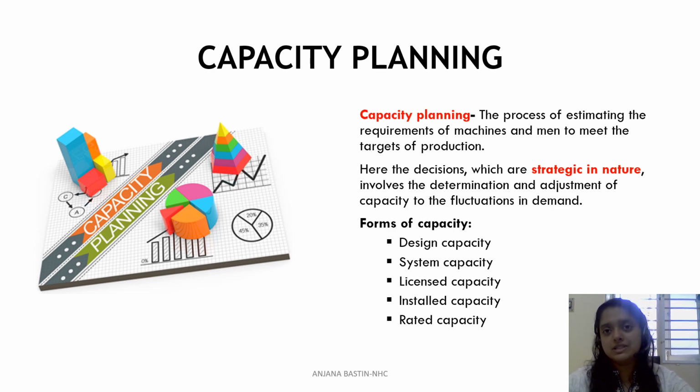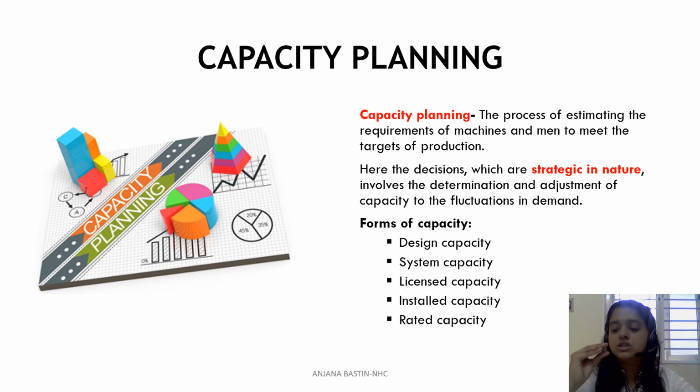The first one is design capacity. The engineers or the technical staff in a manufacturing unit decide the production plan or the number of planned output which they are looking for. So they decide, okay, every month, this month the organization should produce 50 units.